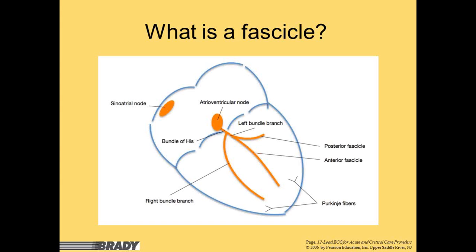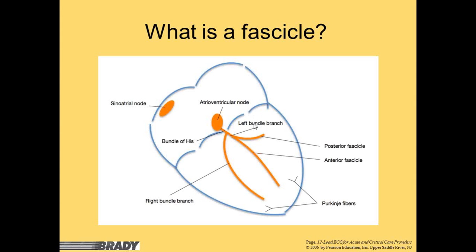Okay, it transmits impulses to the papillary muscles, which leads to that mitral valve closure. So when our electrical impulses first come down into the ventricle, very quickly before the contraction happens, just very briefly, those papillary muscles are stimulated by this posterior fascicle, and it causes that mitral valve to close, and is kind of a safety measure against blood regurgitating back through there.